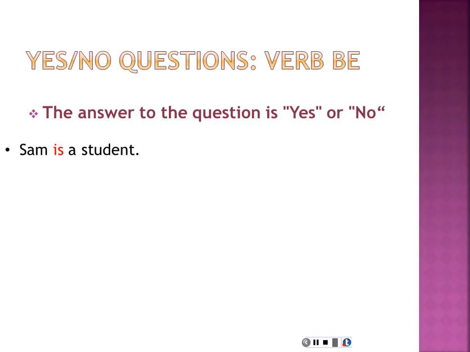So how do we change this sentence into a question? What we do is we only switch the places of the subject and the verb. نقوم بتبديل أماكن أو مواضع الفاعل مع الفعل. So it becomes: Is Sam a student?